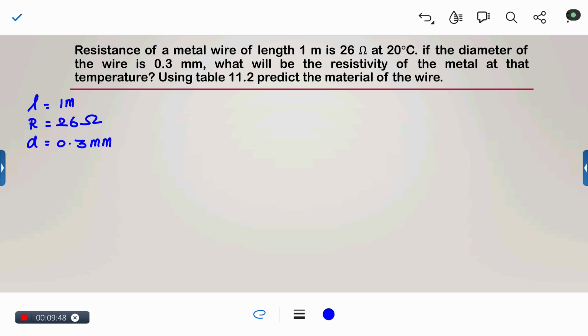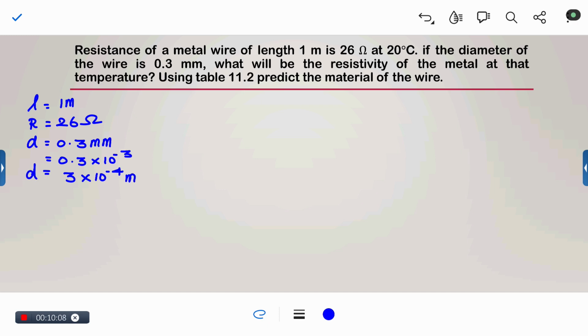Millimeter is given, so first we need to convert. 0.3 into 10 to the power of -3. If we don't want the decimal, we can rearrange it as 3 into 10 to the power of -4 meter. We calculated the diameter.